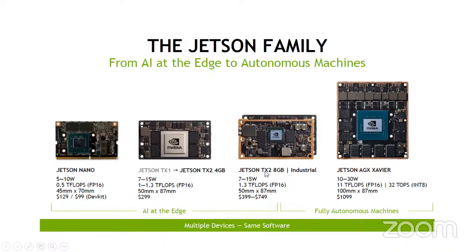And then Jetson TX2 8 GB variant, there is an industrial model, 8 GB variant. And then Jetson AGX Xavier can also be used for high-end applications. So these are like 4 examples.